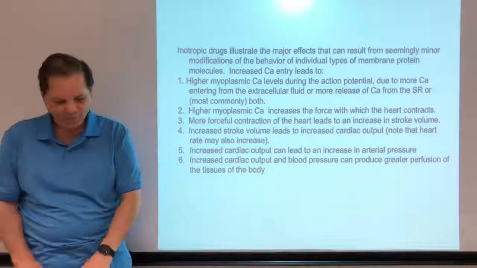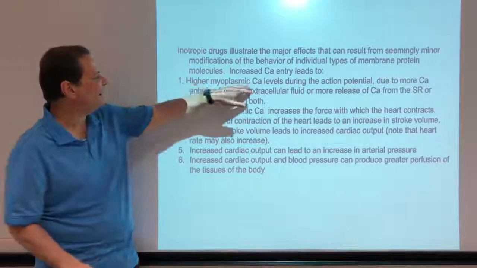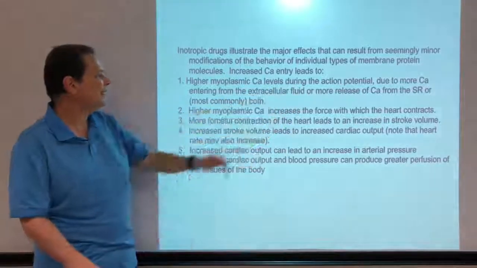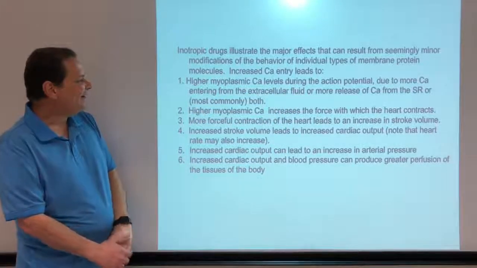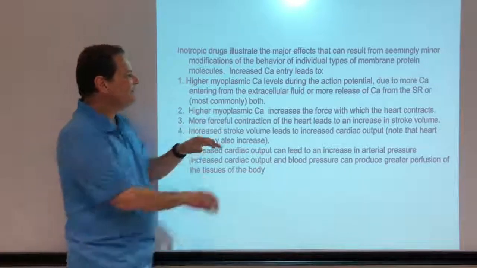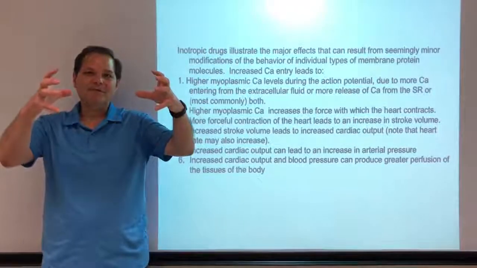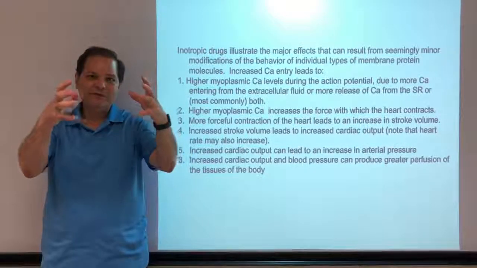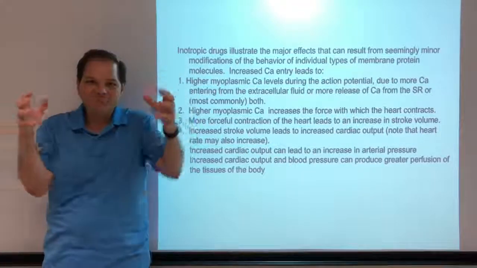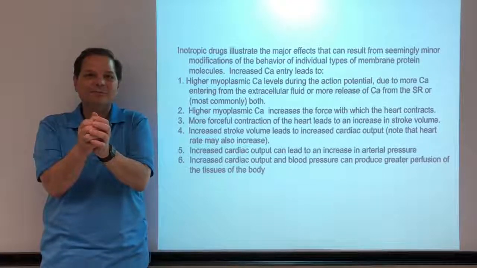So, we increase the force of contraction by increasing the myoplasmic calcium level during the action potential, and that increased force of contraction leads to an increase in the stroke volume. So as cardiac muscle contracts, the chambers of your heart get smaller, and the more the force of contraction, the more blood you eject from those chambers out into the system.